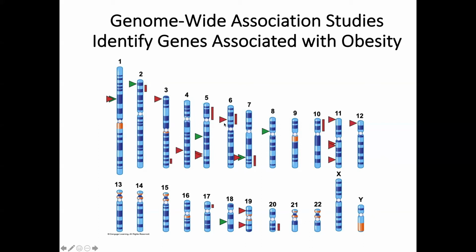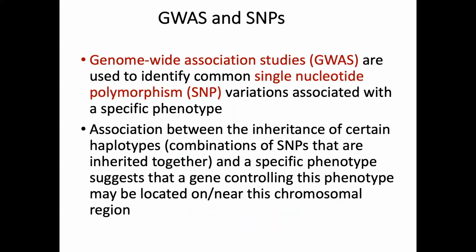Mutations in these genes have an association with obesity. The red bars, there are several of them, represent chromosomal regions that may contain other genes associated with obesity. More than 70 genes associated with obesity have been identified.